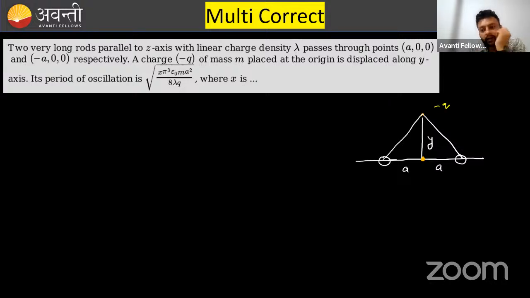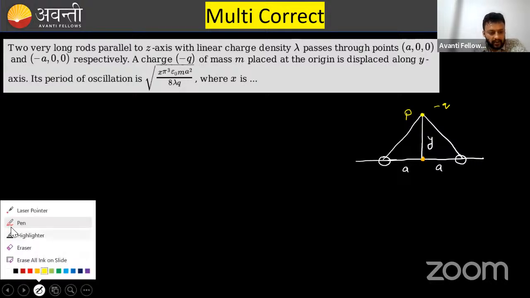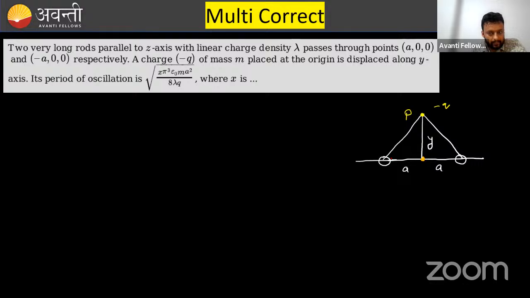Now if I calculate field at this point, let's suppose this point is P. At point P, if I calculate electric field, the force will be Q into E. So try to calculate the field, lambda and lambda. I think these are identical, so the field will be the same.